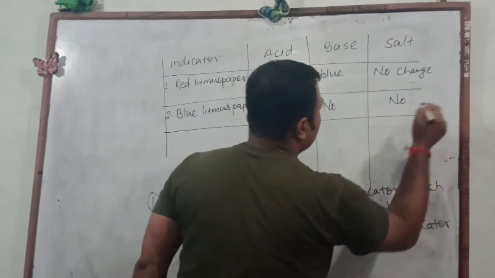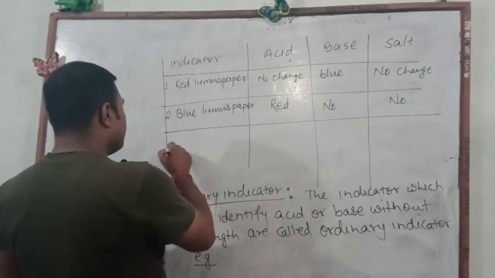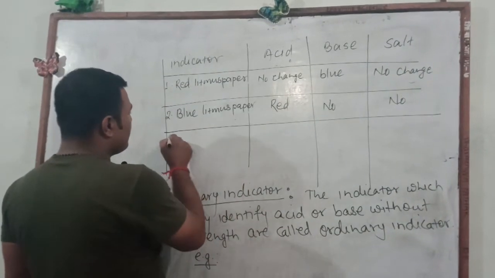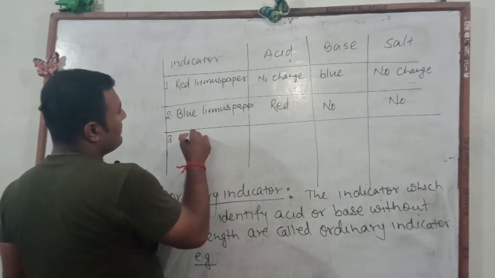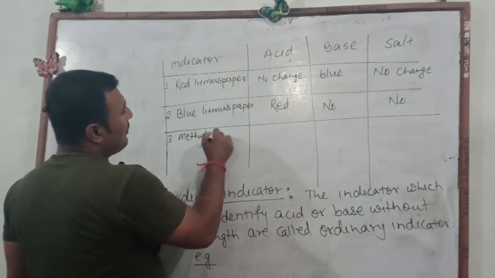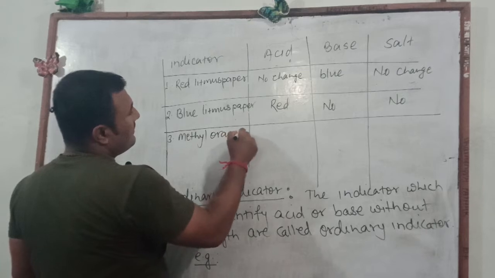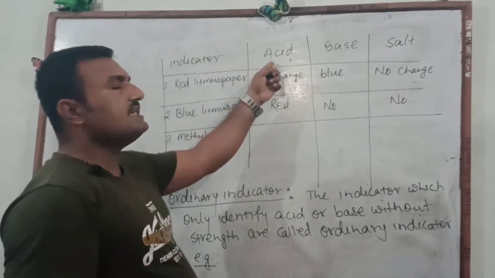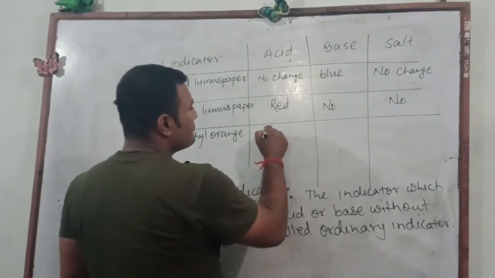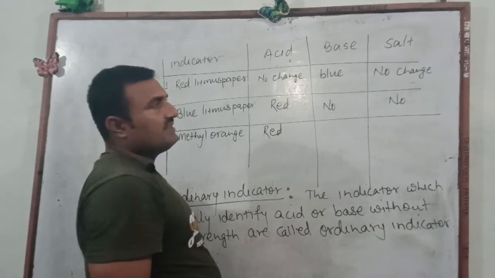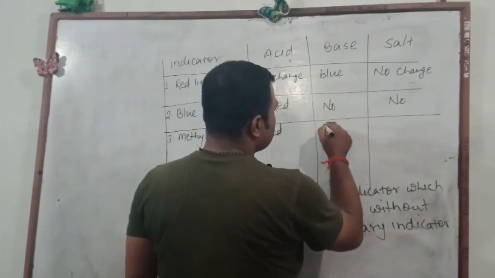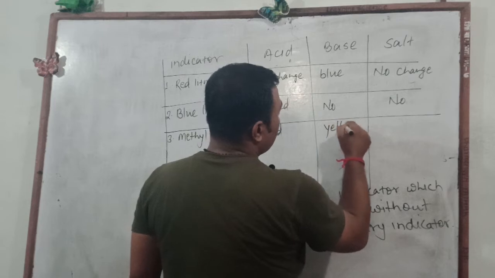Similarly, other indicators which are used to identify acid or base are methyl orange. Methyl orange used in acid changes into a red color. In base, it changes into yellow color.